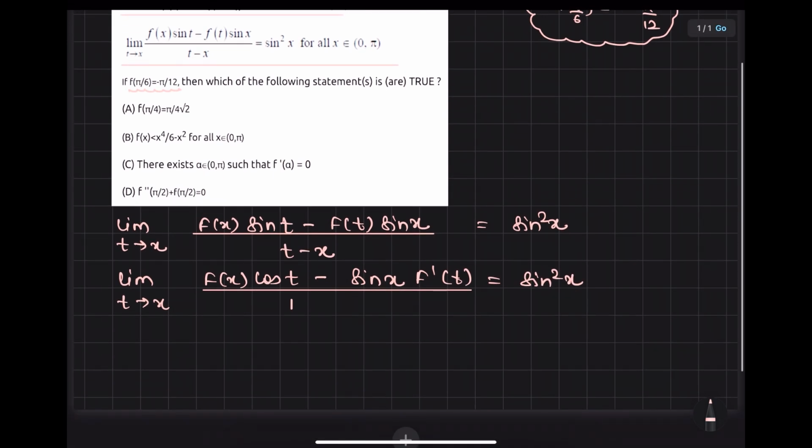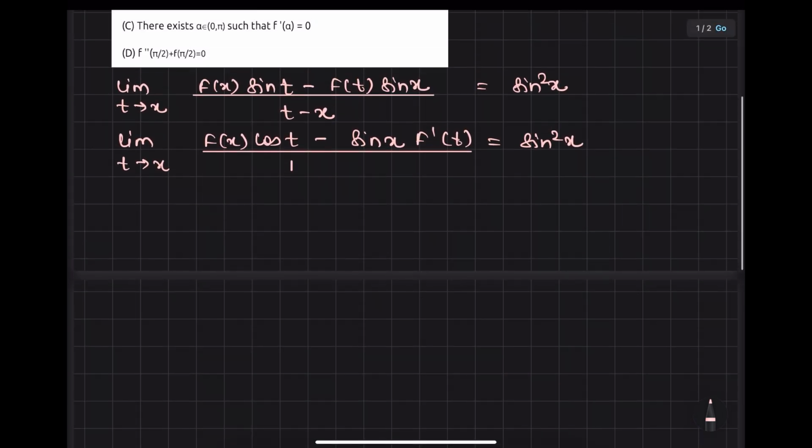Now look at what I will be doing. Now we have to replace t with x. So can I write f of x cos x minus f dash x sin x, and this is equal to sine square x. Now don't you think it reminds you of something?